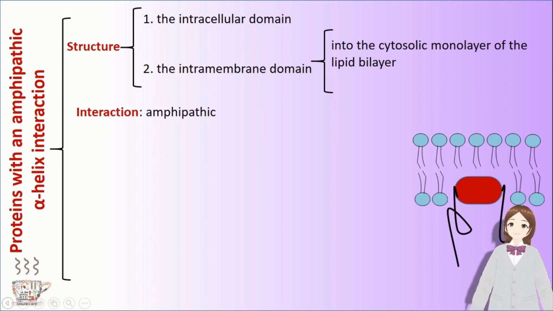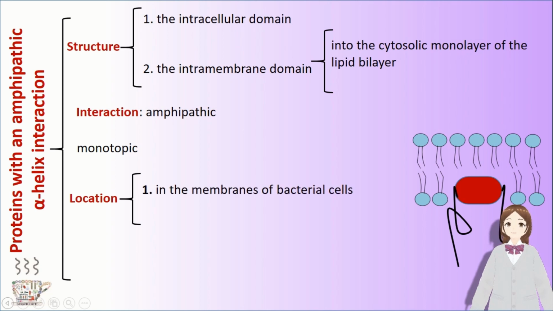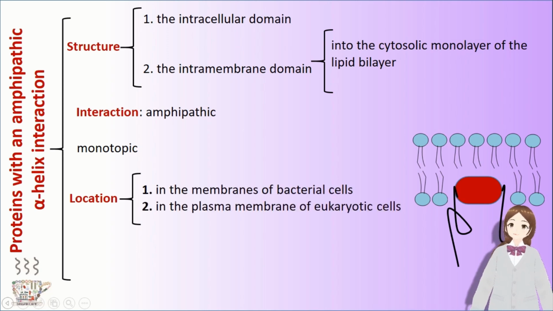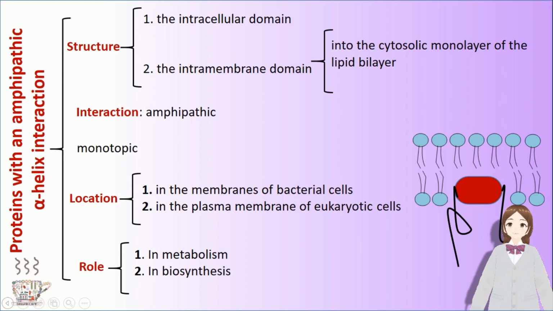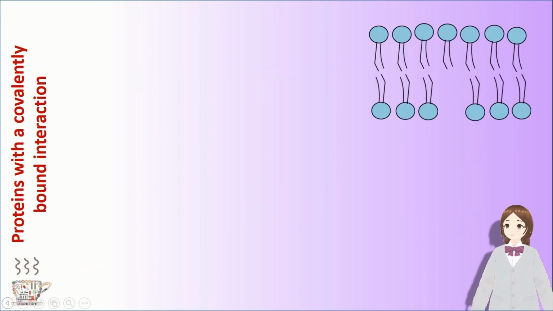Its interaction is amphipathic, it is classified as topographically monotopic, and it is located in the membranes of bacterial cells and in the plasma membrane of eukaryotic cells. It has a role in metabolism, in biosynthesis, and in cellular signaling.